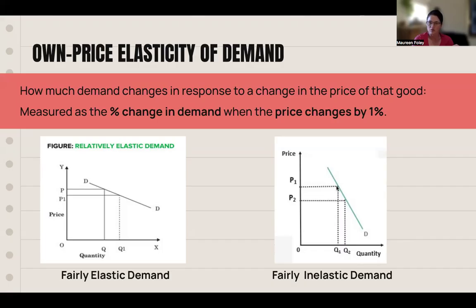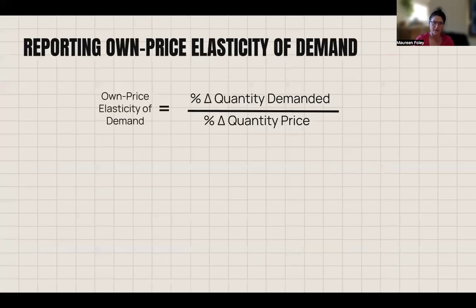So you could drop the price by a lot, but only sell one or two more. That would be an inelastic good. And we'll go over some examples of goods that are elastic and goods that are inelastic in a little bit. Hopefully that will help you cement these concepts. But first, we are going to talk about how and why we calculate these things.